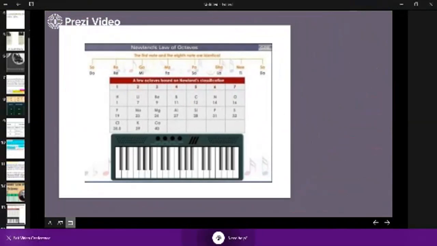When you look at the piano, let's say that this is the white button. This is, let's say, do, re, mi, fa, sol, la, ti, do. So he could link this do to this first do and say that this element here should have similar properties with this other element.